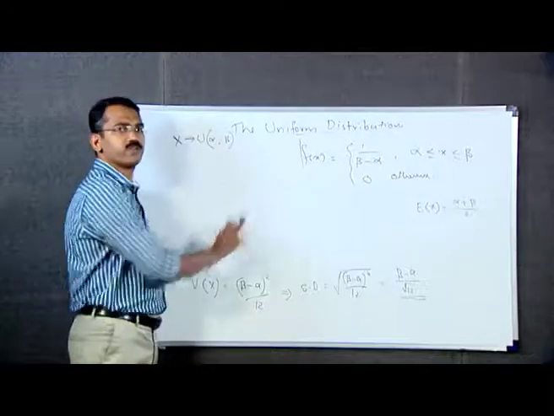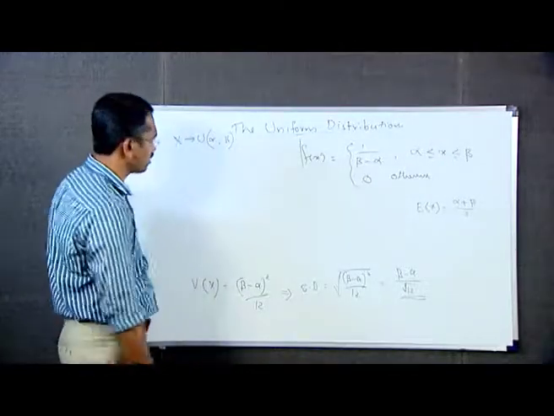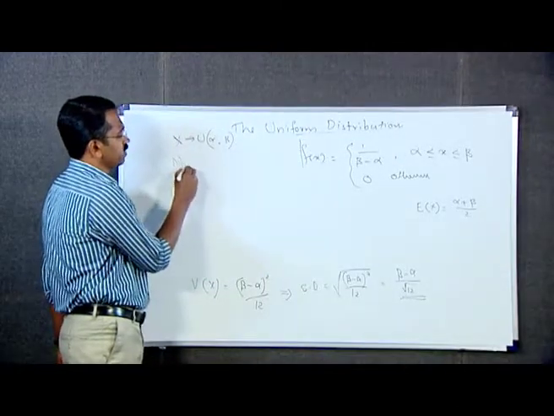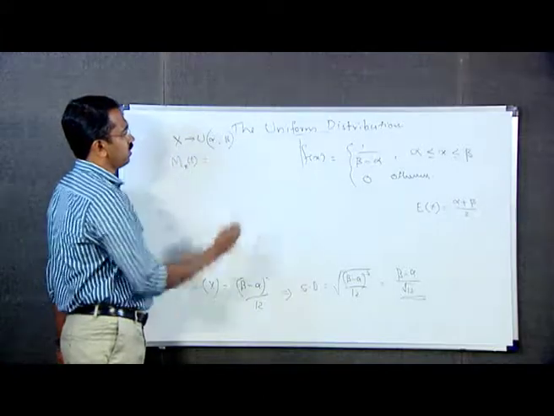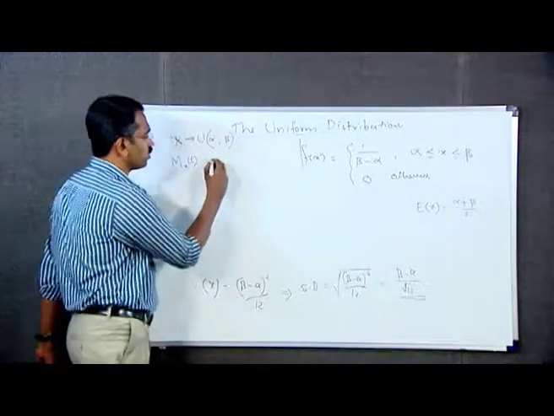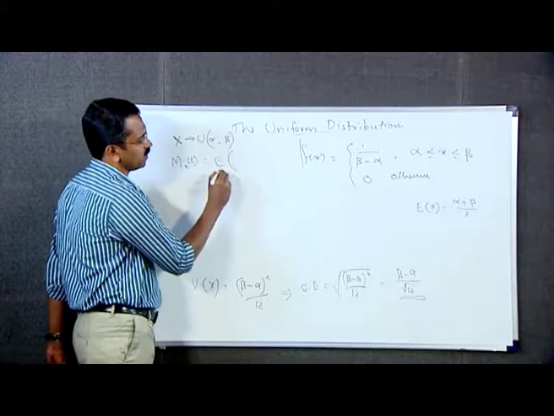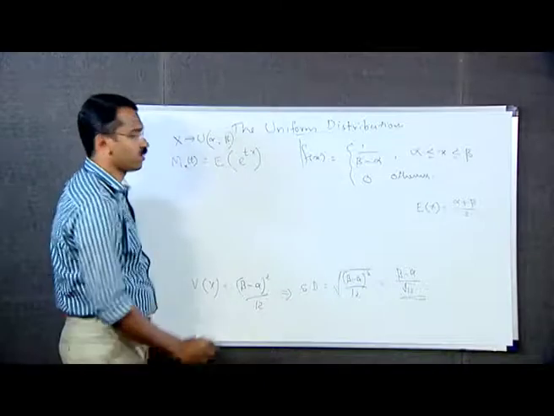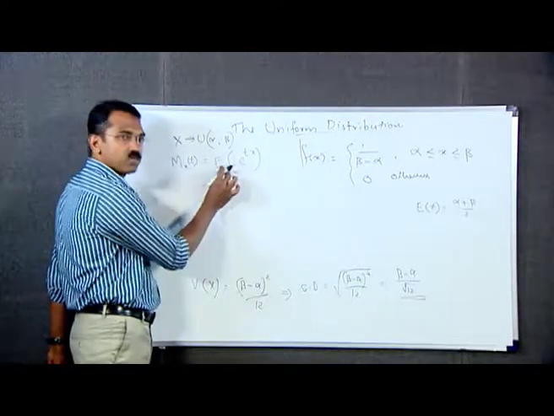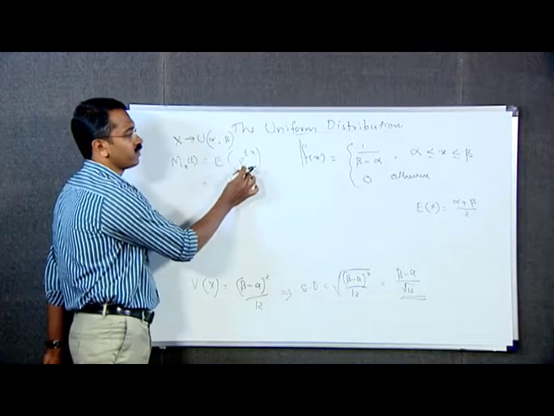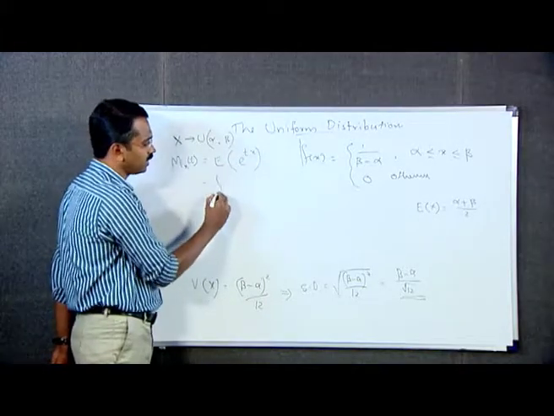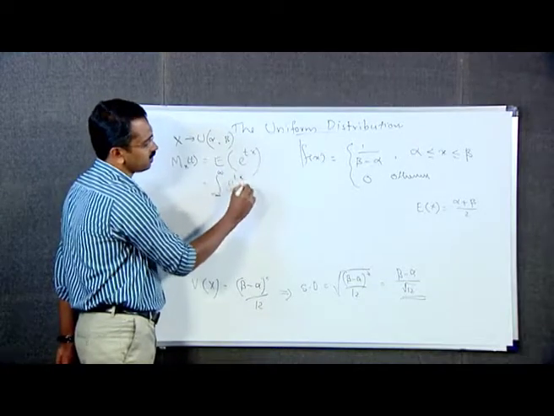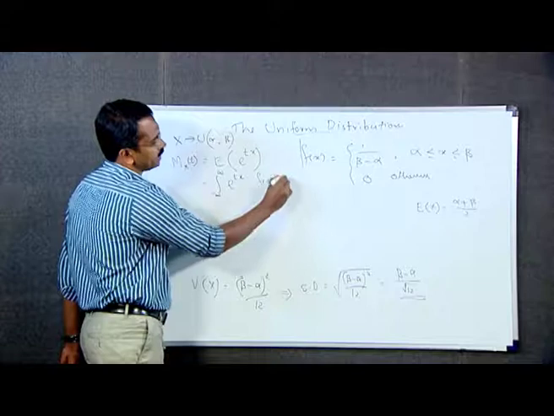Now we have to find the moment generating function. By the definition, moment generating function M_X(t) is equal to, in terms of expectation, expectation of e raised to tx, which is equal to, by the definition of expectation, E of e raised to tx is integral from minus infinity to infinity e raised to tx into f of x dx.